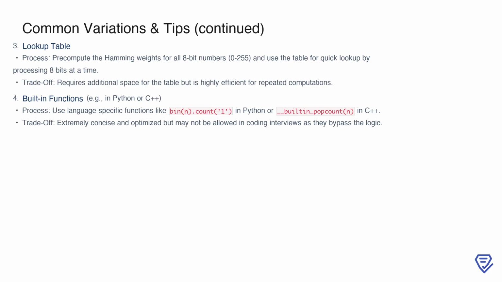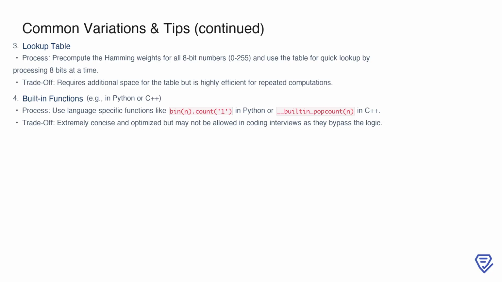In addition to these methods, there are other efficient approaches worth considering. One such approach is the use of a lookup table. By pre-computing the Hamming weights for all 8-bit numbers, from 0 to 255, you can process numbers in chunks of 8 bits at a time. This significantly speeds up the computation for repeated inputs, though it does require some additional space for the table. Another convenient option is leveraging built-in functions provided by many programming languages.